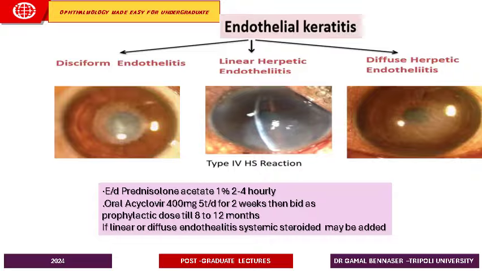Otherwise, if it is just disciform endotheliitis, just topical steroids is enough to clear the case. So the linear endotheliitis and diffuse endotheliitis have poor prognosis as compared to disciform keratitis.